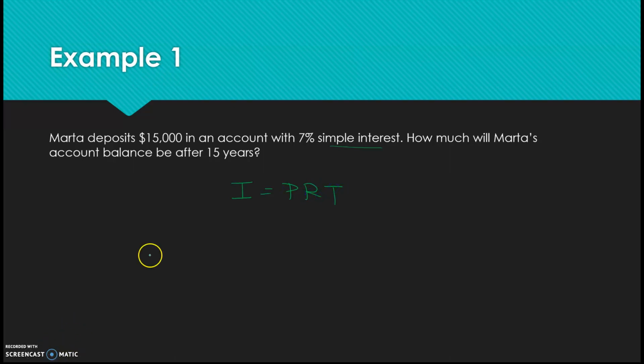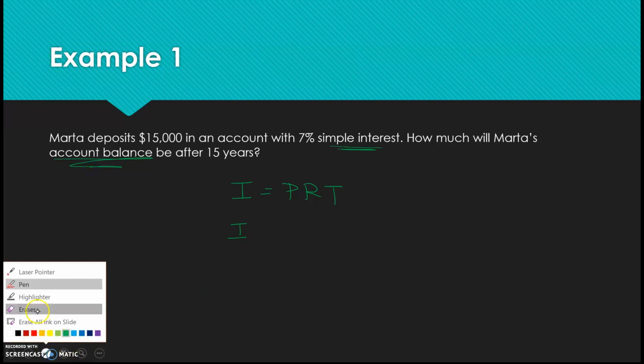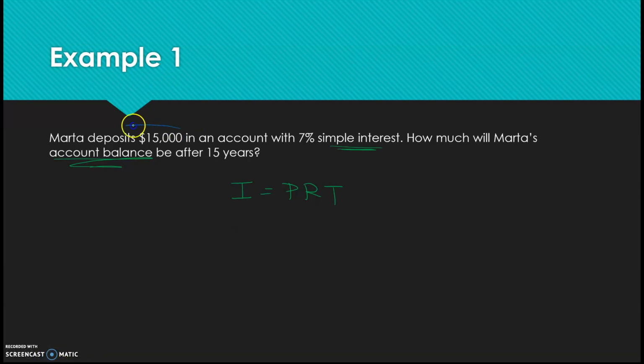So it is asking us for interest, so how much will her account balance be? We don't know about that yet. We'll have to figure it out, use our problem solving skills, but she deposits $15,000. So that's how much is going into it. So that's going to be my principal, $15,000.